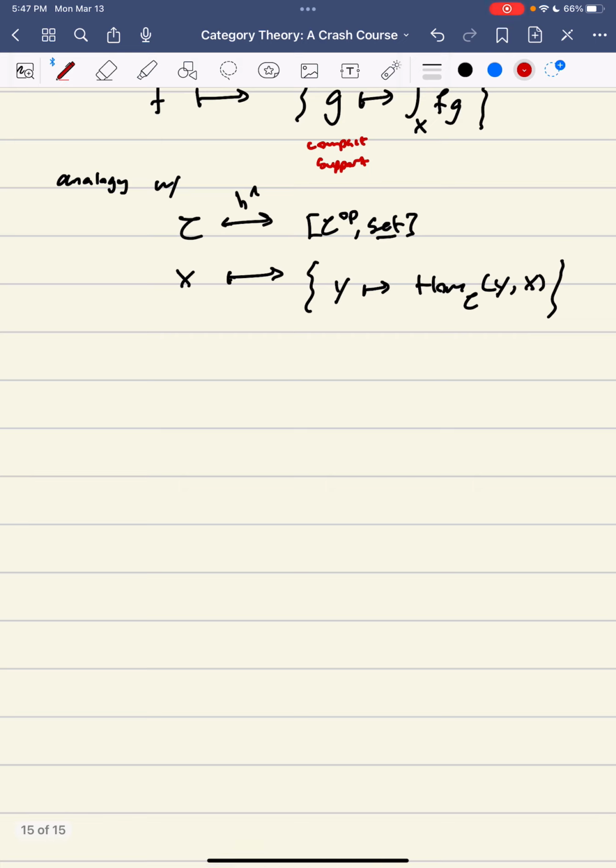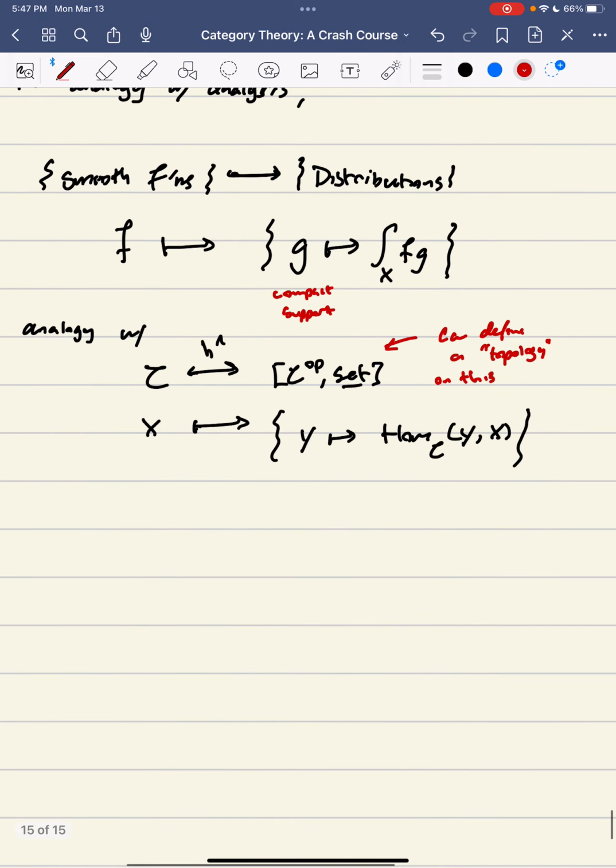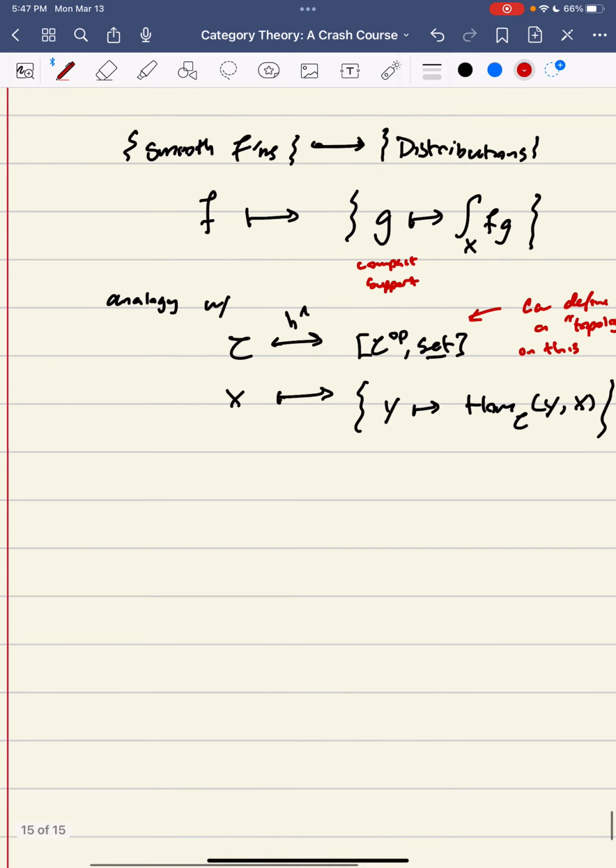You can likewise define a sort of topology on this category, where instead of distributions, you give some sort of weak topology given by sequences and convergence of those. You can also do a similar thing with this functor category.